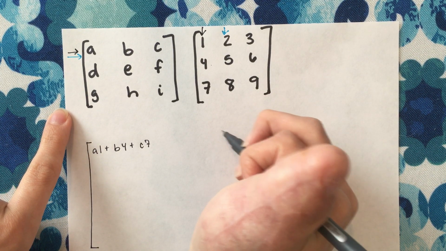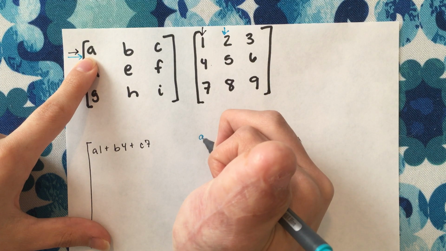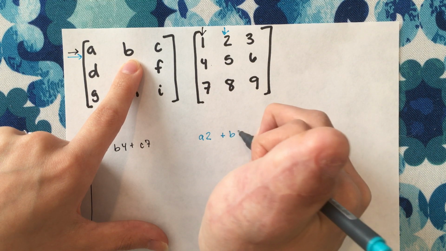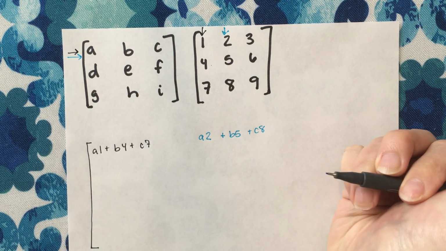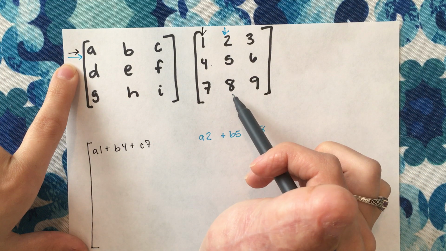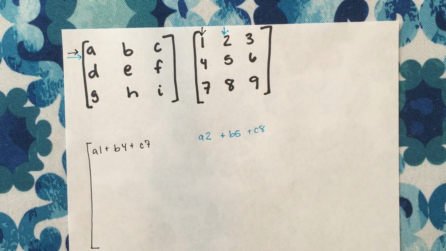So that's going to give me the A12 element. So I'd have A times 2 plus B times 5 plus C times 8. So I did this first row times this second column component-wise and then added them together.